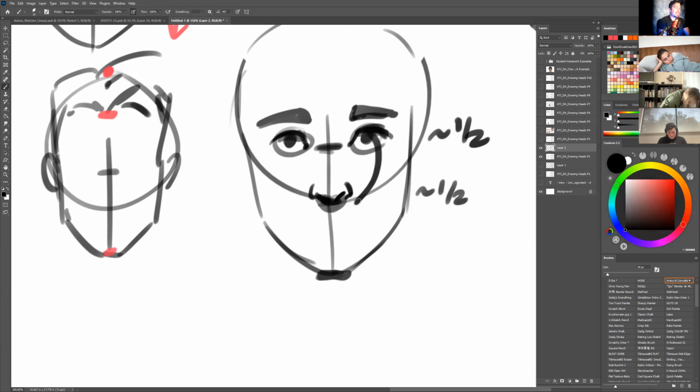Our brain wants to go even, even, or even, even, even. We want to cut things in half. It's hard to do something different as a human. But what we want to think about is we're not halfway down with that mouth. The real number is that it's about a third of the way where your lips would be. Specifically, what we call your lip line, the actual opening of your mouth, is about a third of the way there.